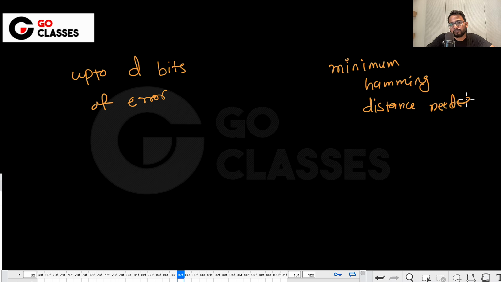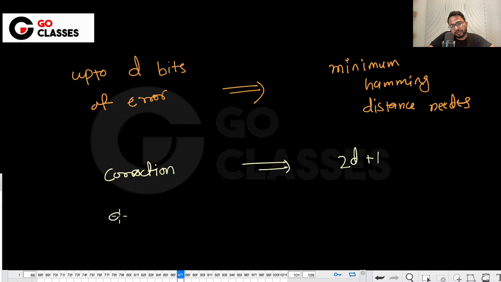So this is one way of asking, which means they will say up to d bits of error for the correction, you will say the minimum Hamming distance needed is 2d plus 1. For the detection, you will say d plus 1. This is one way of asking.